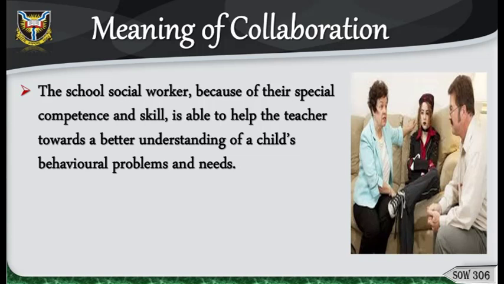It must be recognized as equally important, however, that the teacher will know best how to meet the needs of the child in the classroom situation because of their special competence. As the teacher senses the school social worker's understanding and interest, they are able to approach the problem differently, and this will be a chance to work through the child's difficulty.